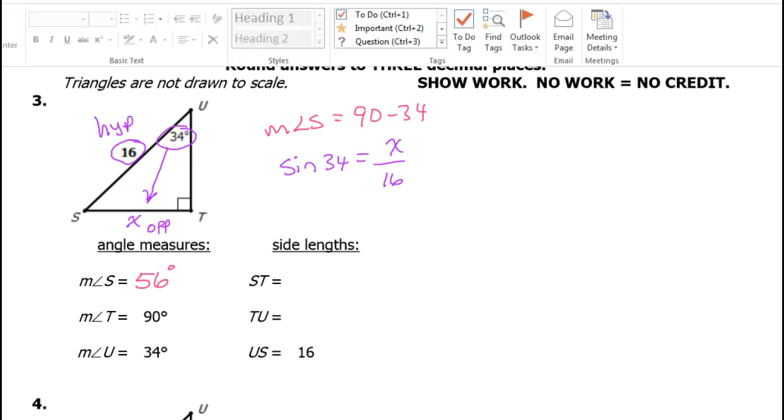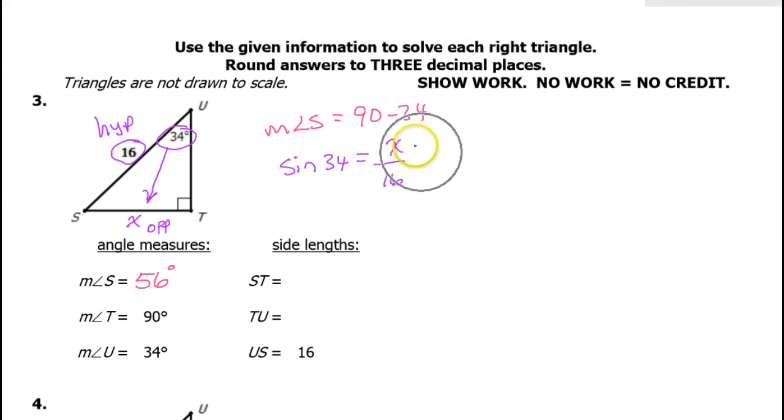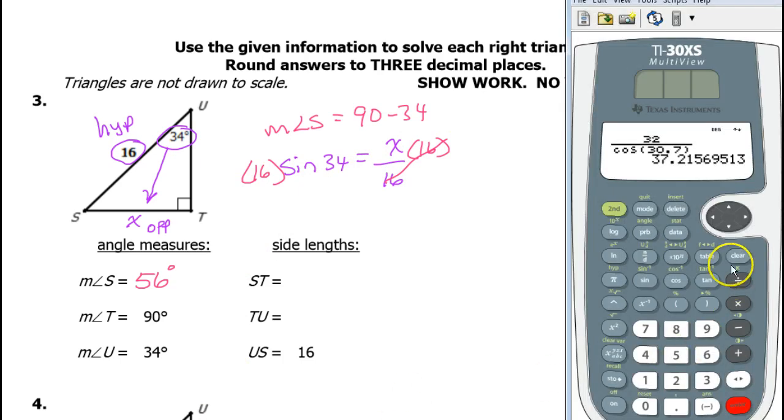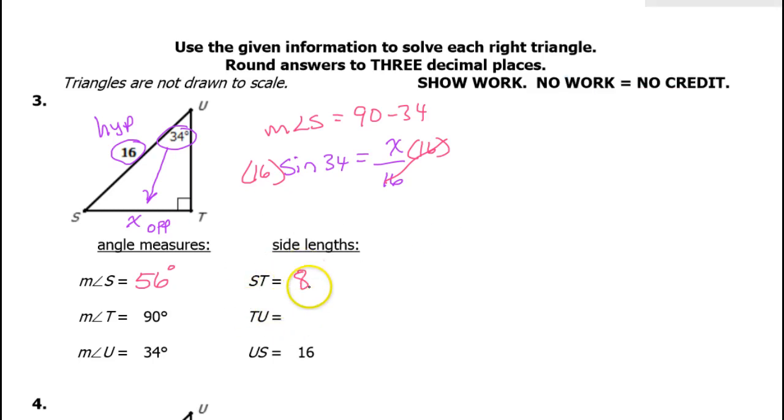Now I could multiply both sides by 16. That will get x by itself. And I can put this in my calculator as 16 sine 34. So that is 8.947.